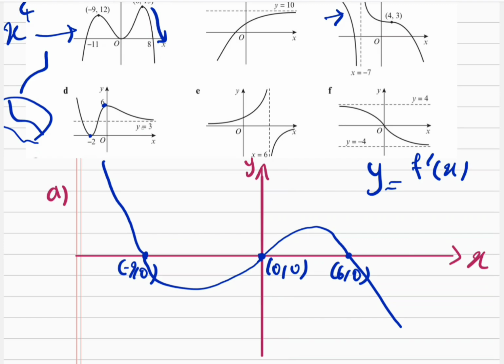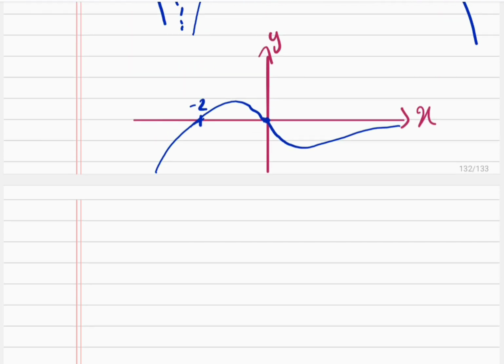So in this case, the asymptote is at y is equal to 3, but for the gradient curve it is at y is equal to 0, because the gradient is ultimately going to be 0. So that's the final shape. Okay, so that's it for this video, and thank you for watching.